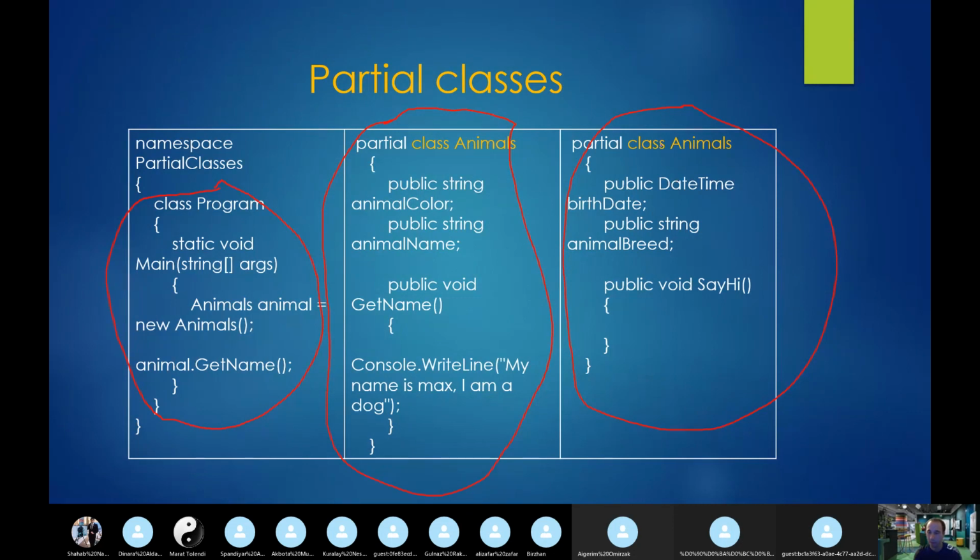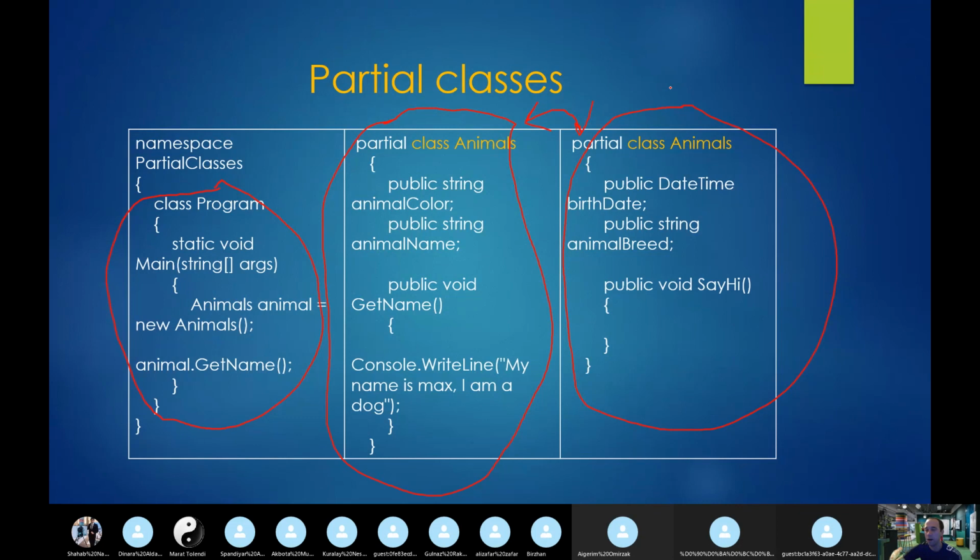And we use the second partial class. Here we have the fields date time, birth date, string, animal breed, and we have the method say hi. So now we can have this in different files, and if we have them in different files but with the partial keyword, they will be combined together.